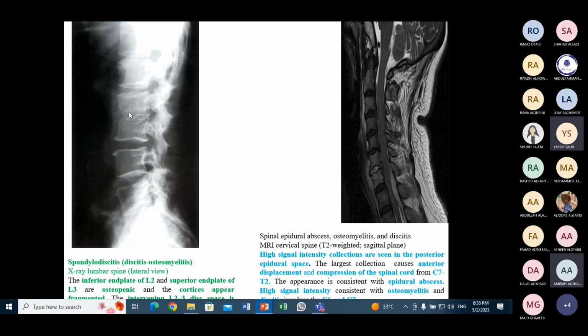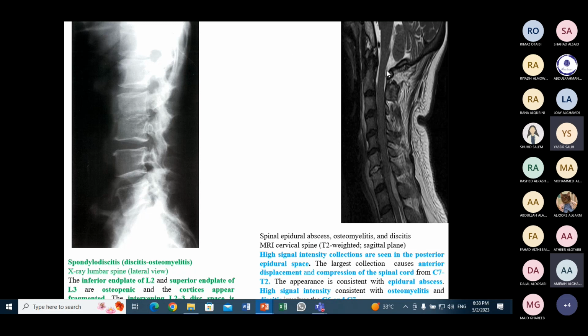The area became more dense, with destruction of the intervertebral disc spaces at the level of L2, L3, and this is diagnosed as discitis or osteomyelitis.